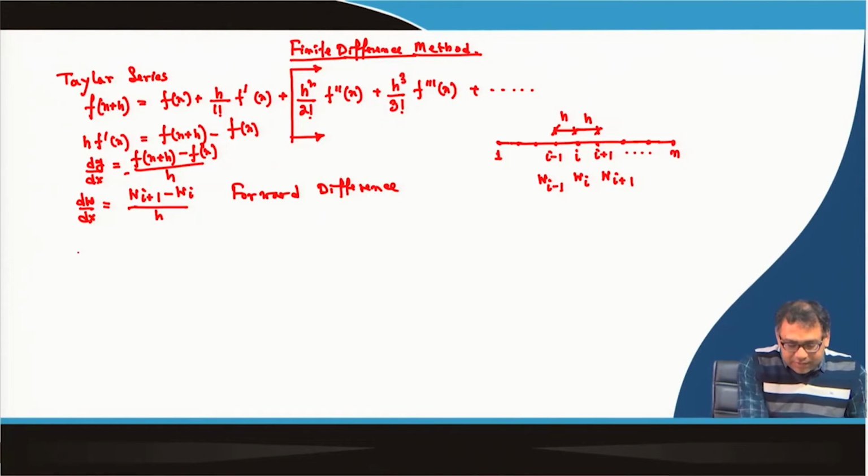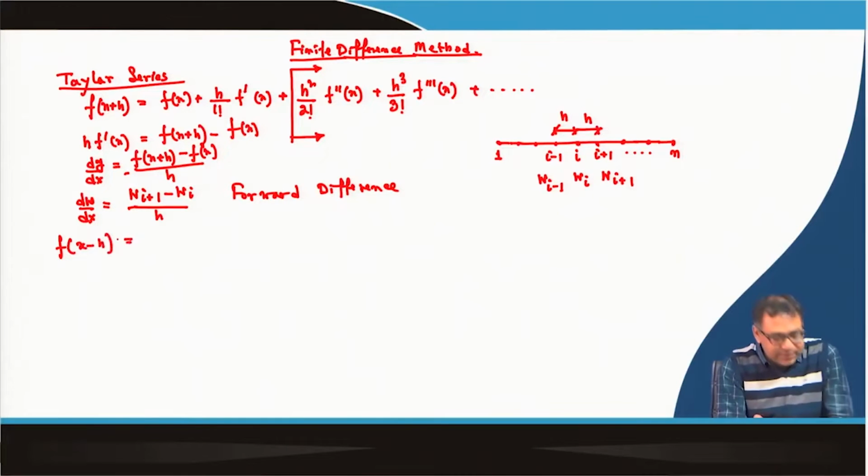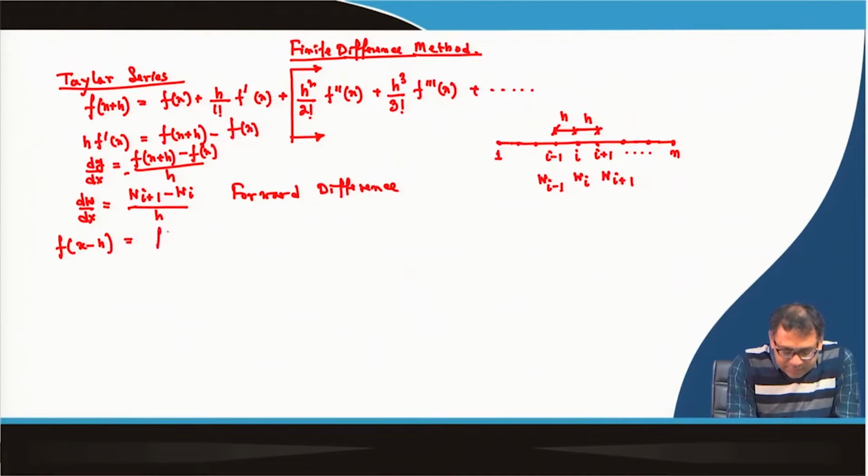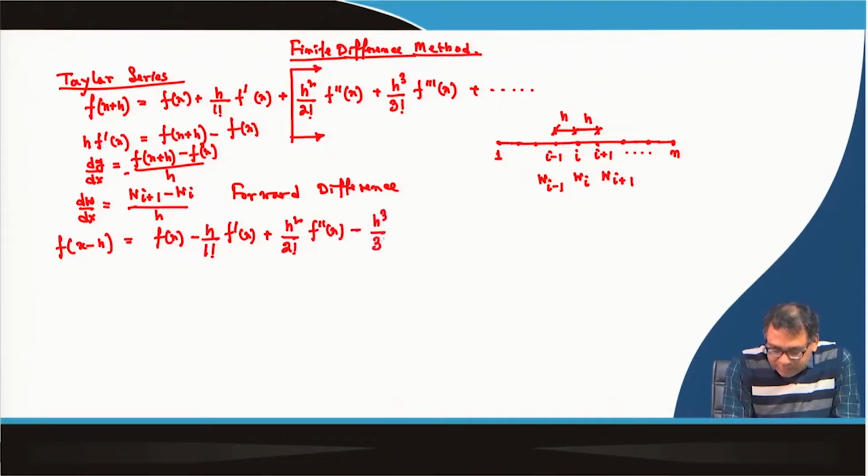Now, similar to the Taylor series, if I write the expression for f(x minus h), then I can write f(x) minus h f'(x) plus h squared/2! f''(x) minus h cubed/3! f'''(x) plus so on.